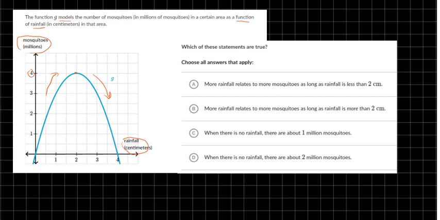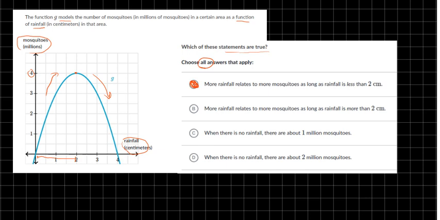Okay, so which of these statements are true? Choose all answers that apply. More rainfall relates to more mosquitoes as long as rainfall is less than 2 centimeters. If the rainfall is less than 2 centimeters, in this area right here, does more rainfall mean more mosquitoes? Yes, it does.